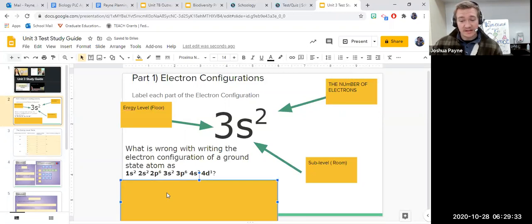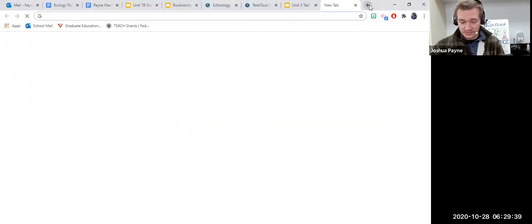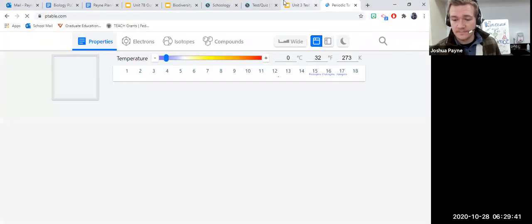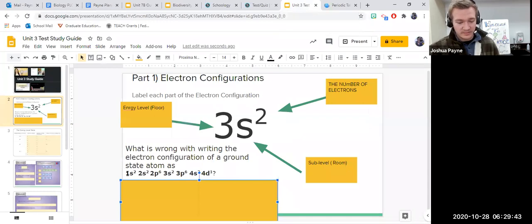When we're looking at this electron configuration, this person did make a mistake. What they did here, and I'll show you the P table, they went 1s2 to 2s2, that's correct, 2s2 to 2p6, which is correct, to 3s2, still good, 3p6, perfect, to 4s2, which is great. But from 4s2, they jumped to 4d1.